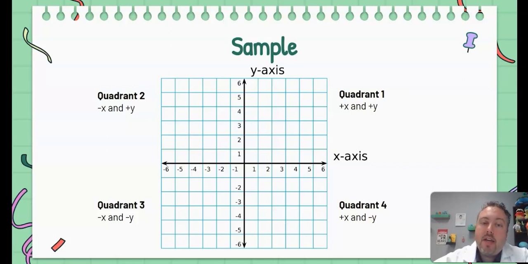That's because you're to the left of the y-axis and above the x-axis. Quadrant 3 is negative x and negative y, below and to the left. And quadrant 4 is a positive x and a negative y, below and to the right. So these are the 4 quadrants, and in total, that makes 9 important regions for the coordinate plane that each have their own sort of characteristics.